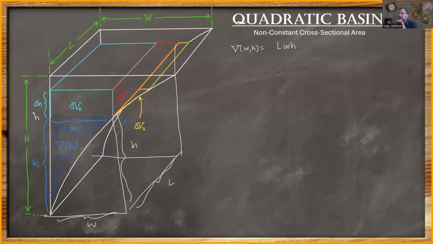And surely what's in the quadratic basin must be less than that, right? The real question is, is it a ratio less? Like with the triangle, we knew it was 1/2, right? Now it could be 1/8. We're not quite sure yet, but we know it's less than 1/2 because the quadratic basin is actually holding less fluid than its triangular cousin would at that same height, width, and length.